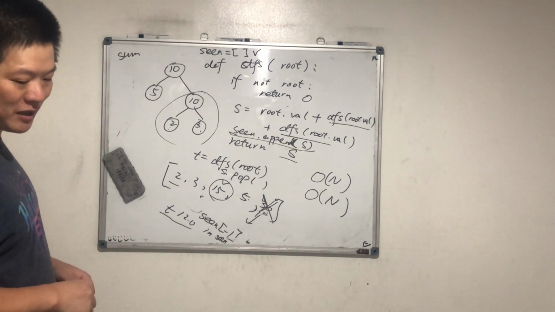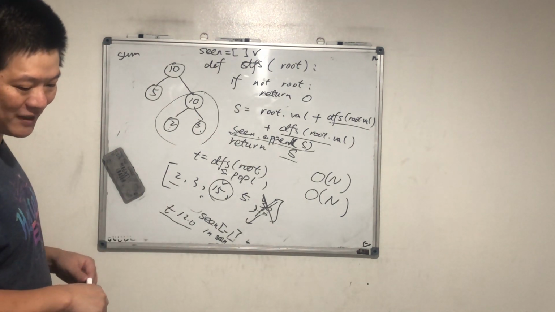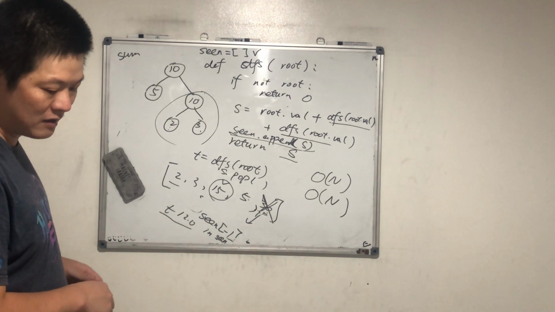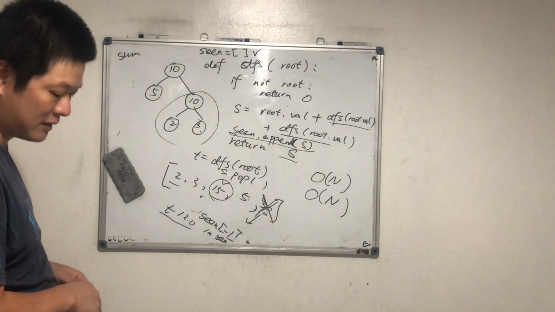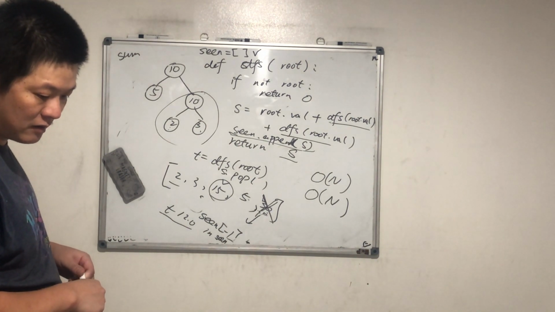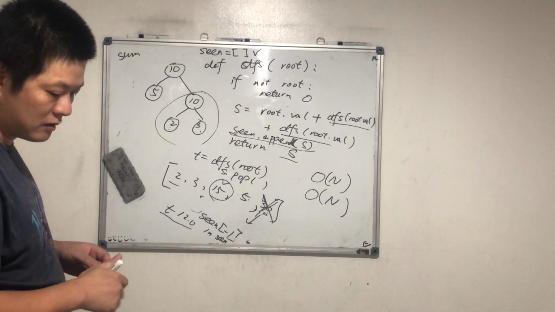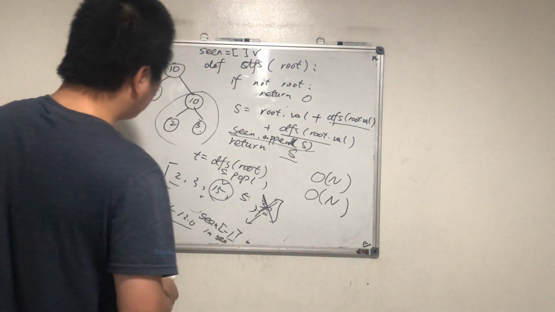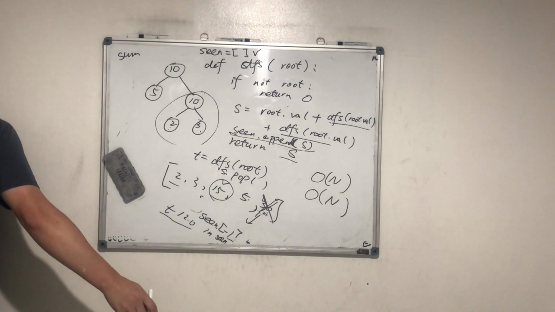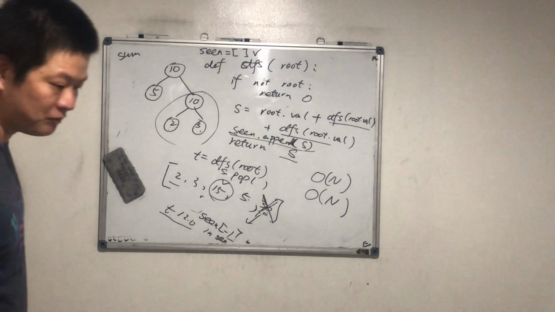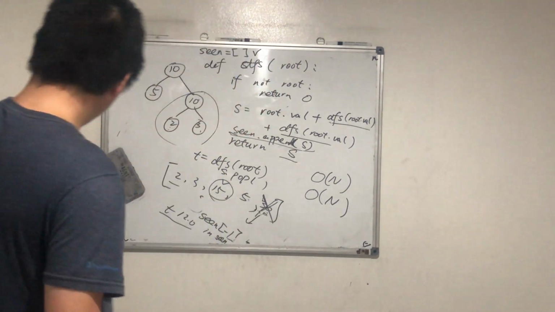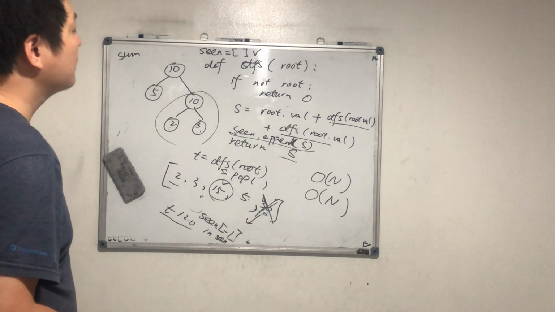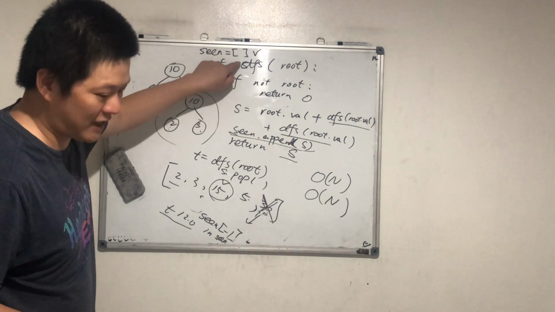Okay, can you explain to me how we solve this? Just make sure you understand. We're just adding all of the subtree sums into the seen list.